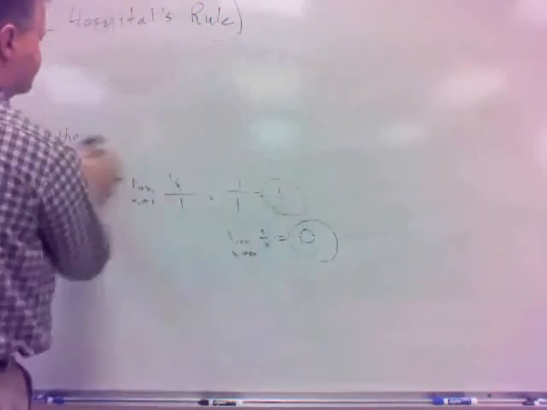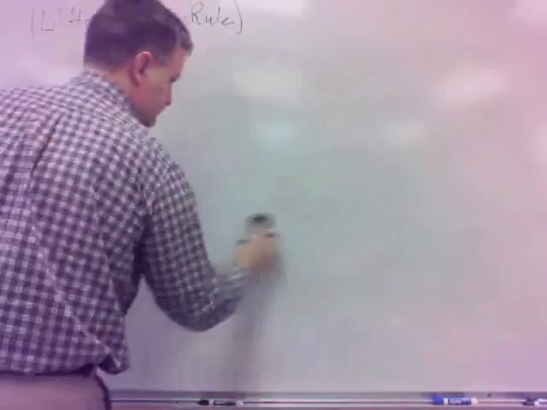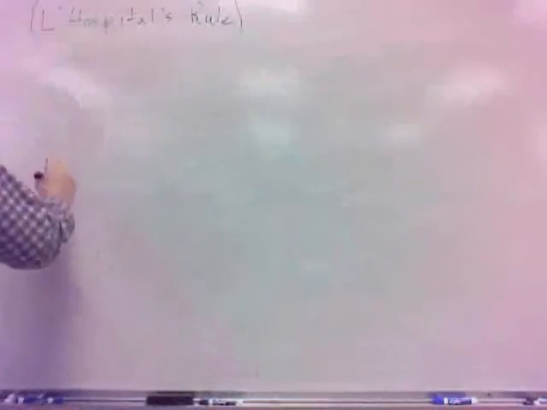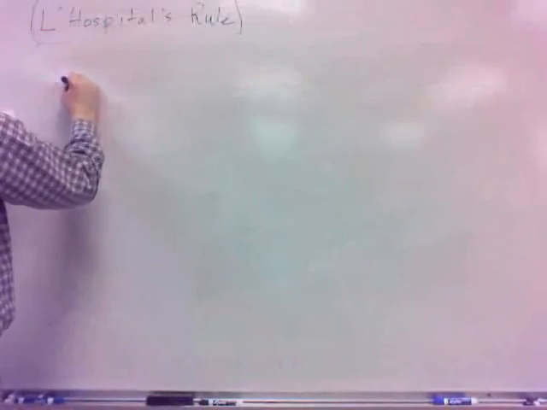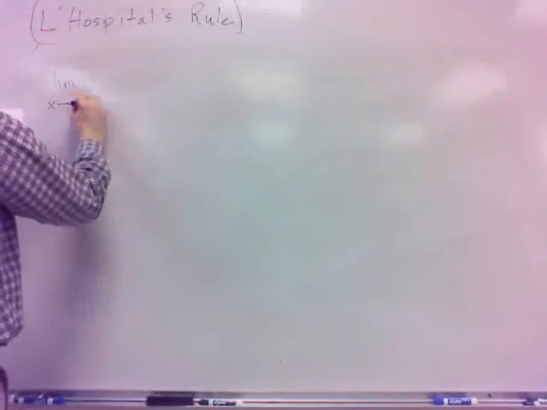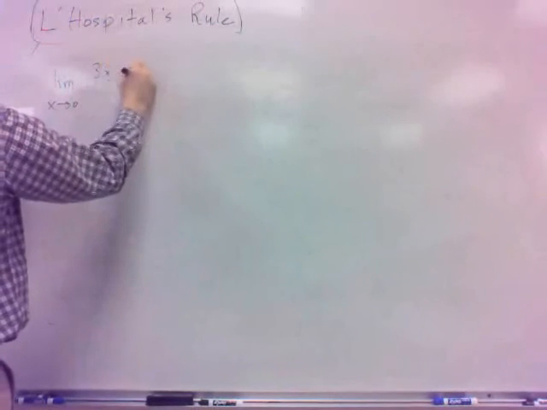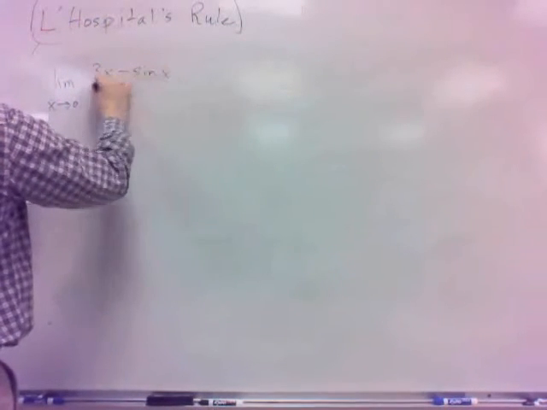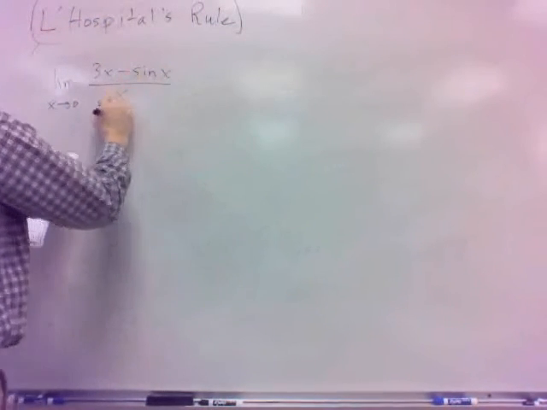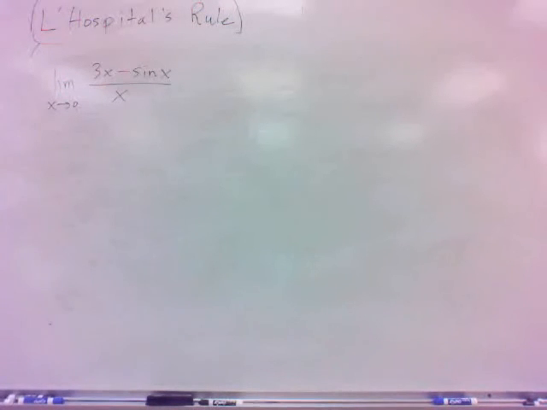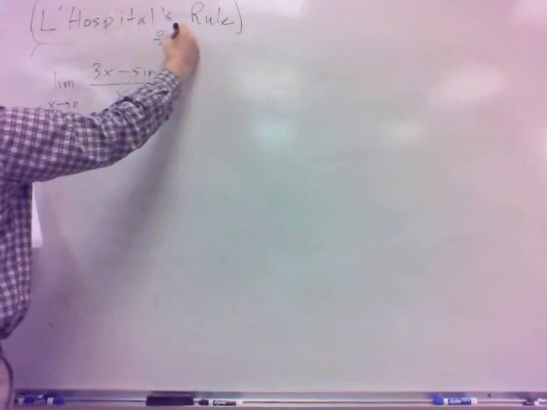Here's some more examples. Limit as x approaches 0 of 3x minus sine of x over x. Well, again, something we couldn't have tackled previously, but now with L'Hopital we can, because remember, for L'Hopital you've got to have 0 over 0 or infinity over infinity.